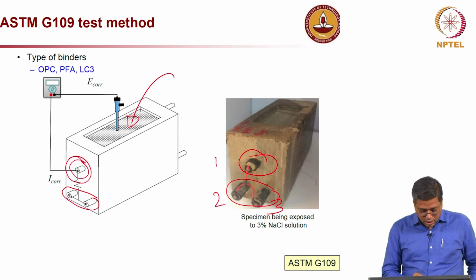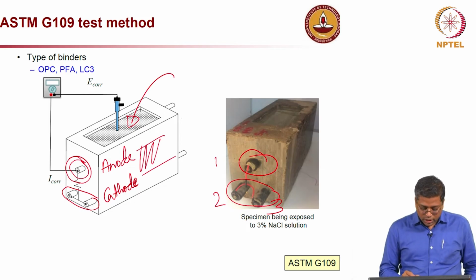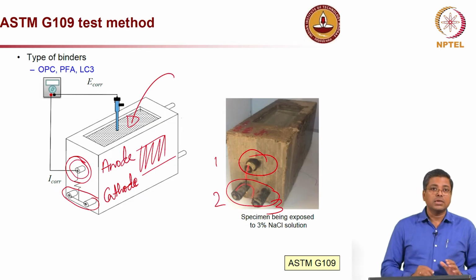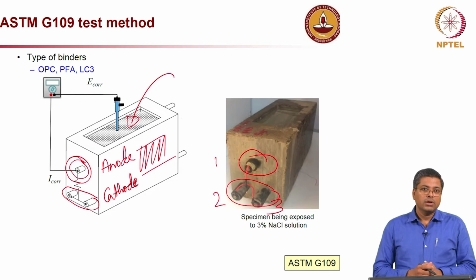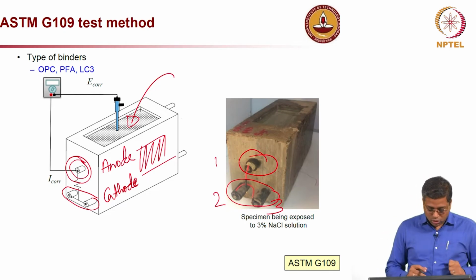And the resistivity of the concrete in this region plays a significant role in completing this electrical circuit, circuit 1, which was in blue color in the other slide which I showed.